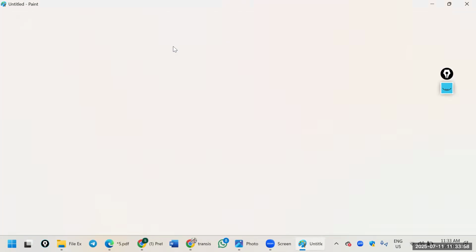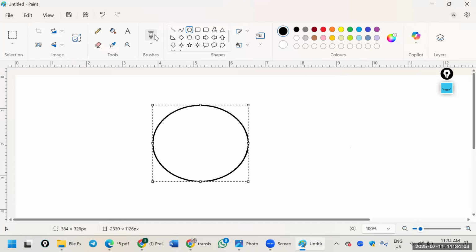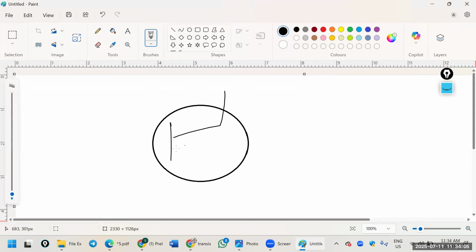Let me test you. What is this, NPN or PNP? Don't look at your book, look at me. Arrow means what? Direction of current flow.